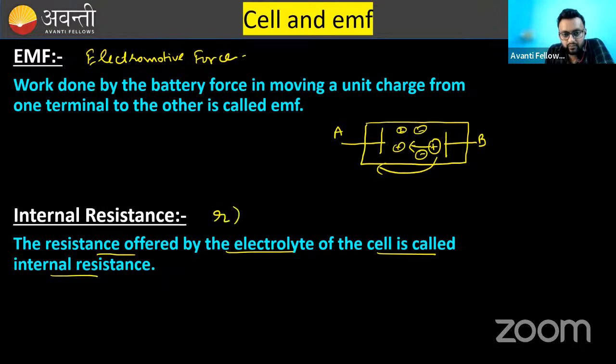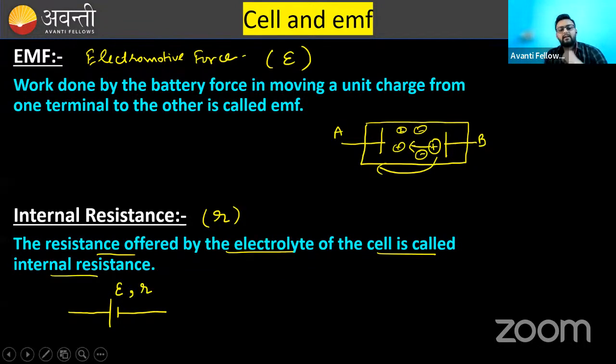It is represented by small r. In a circuit, EMF is denoted by E. A cell will be drawn here, and it is mentioned as E comma r.